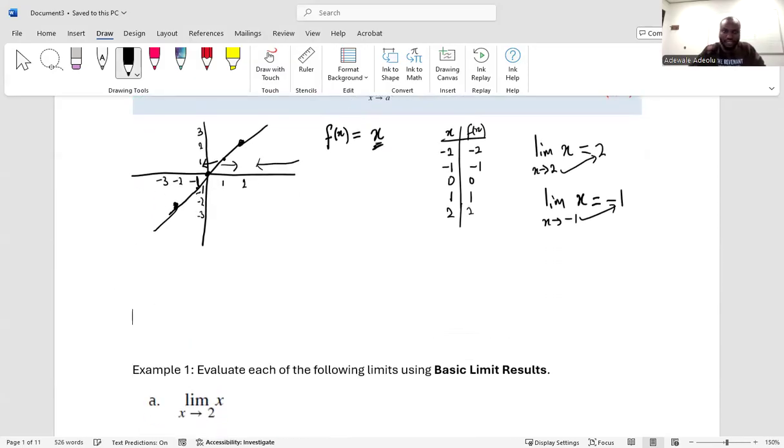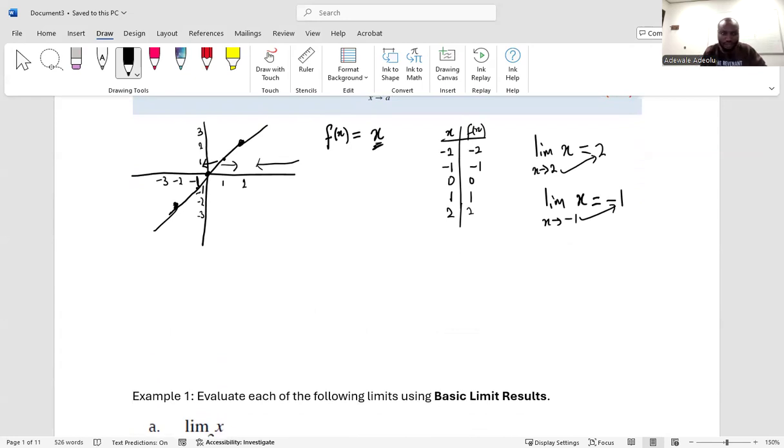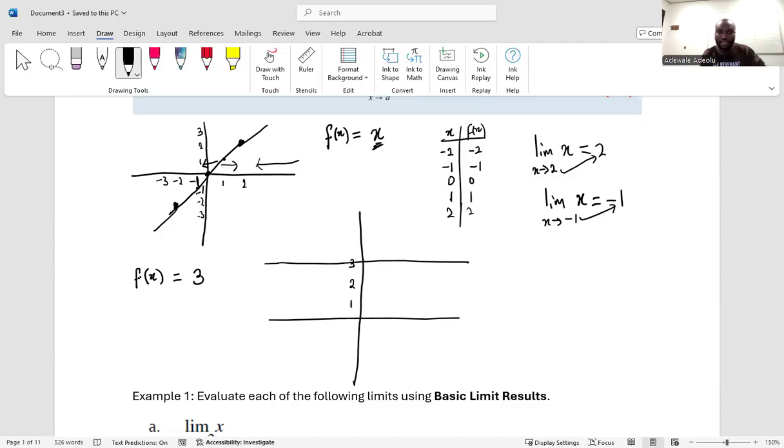The same thing holds if we have a constant function. You all know what a constant function is. So if I have a function, let's say f of x is 3, which is going to behave this way. If we draw this function, we mark 1, 2, 3, 4, -1, -2, -3, -4 on the axes, and so on.